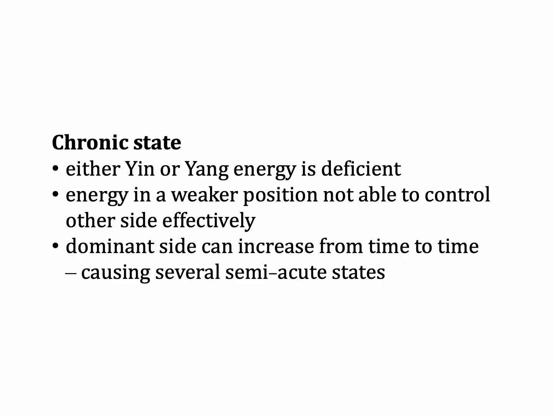A chronic state is where either yin or yang energy is deficient. This also means that the energy that is in a weaker position would not be able to control the other side effectively. The dominant side, therefore, can increase from time to time, thus causing several semi-acute states.